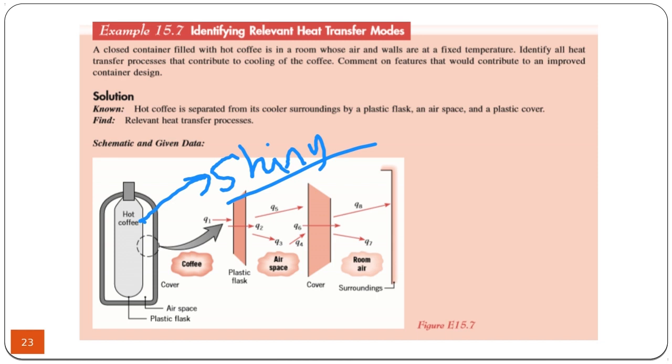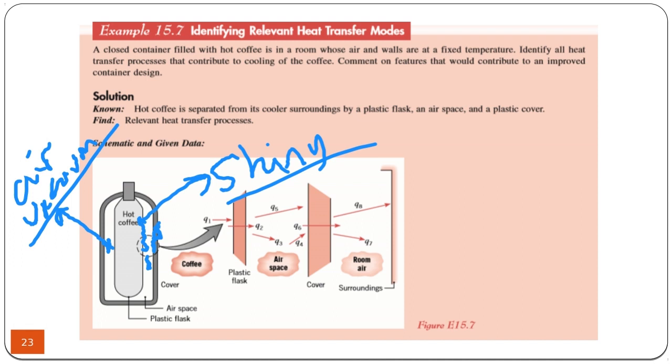Because it is intended to prevent the radiation between this surface and the outer surface. Also, there is either vacuum, which means that there is no conduction in this gap, or air. Air is not a good conductor, so either air or vacuum.